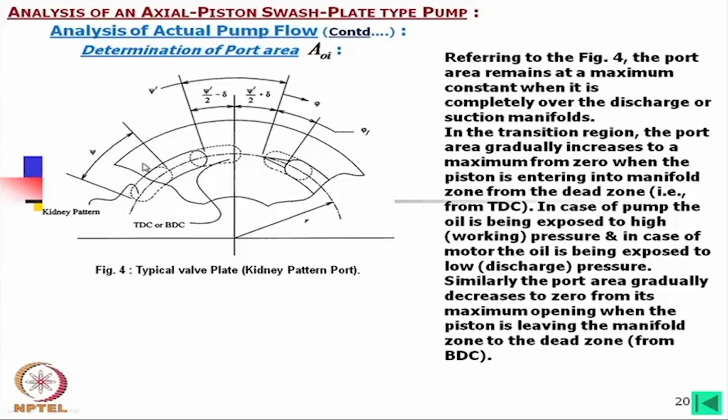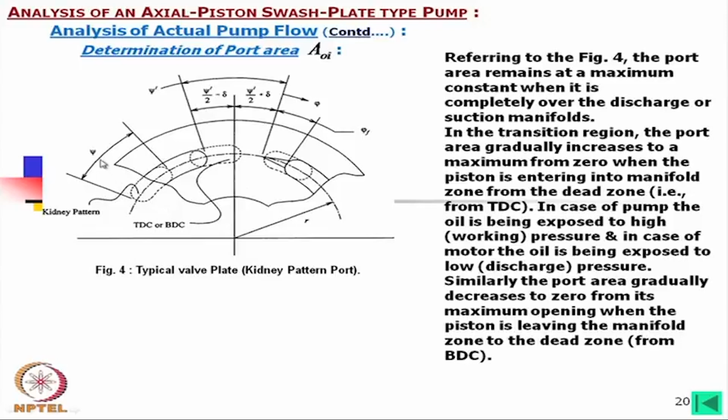So, that is the AOI maximum, and usually you may consider that this is a rectangular port. To find out this area, we simply consider this is a straight line, this is another straight line, and this is a half circle, this is another half circle.